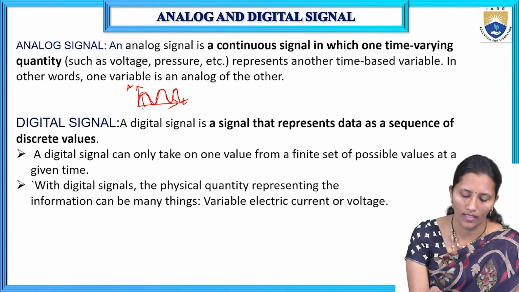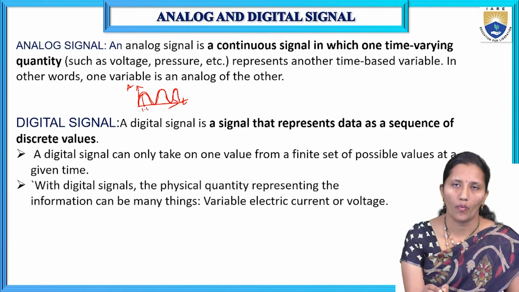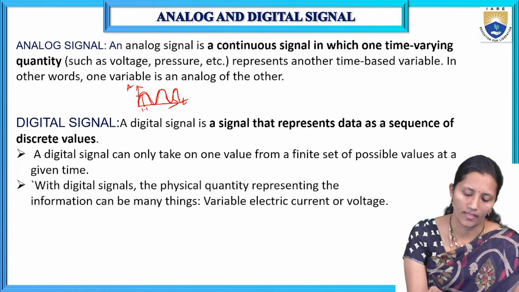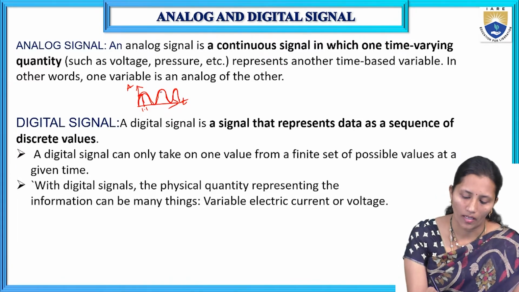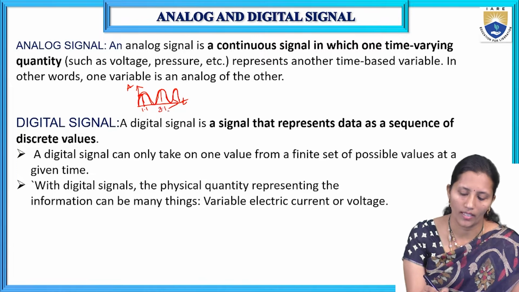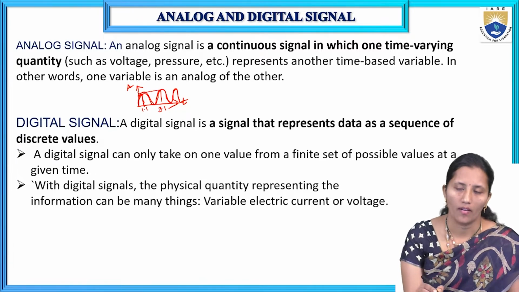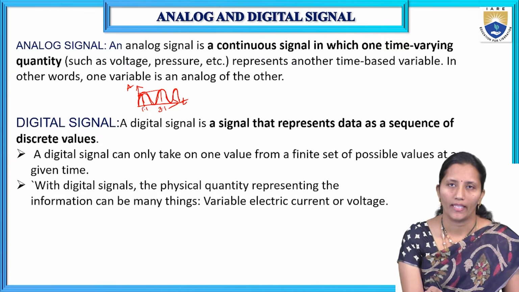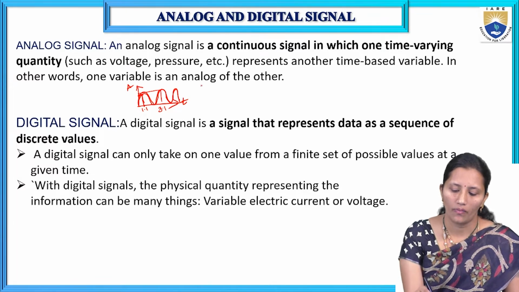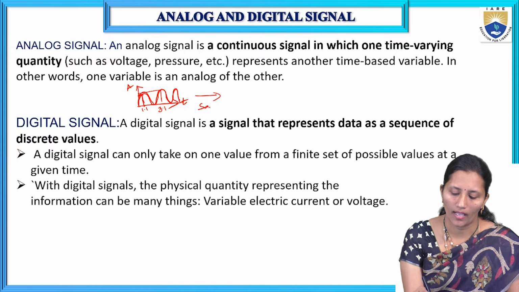Suppose I want to get the amplitude at 1.1 seconds, we can find the amplitude. If we want the amplitude at 3.1, we can find the amplitude value. So both time and amplitude are continuous in nature for the analog signal.